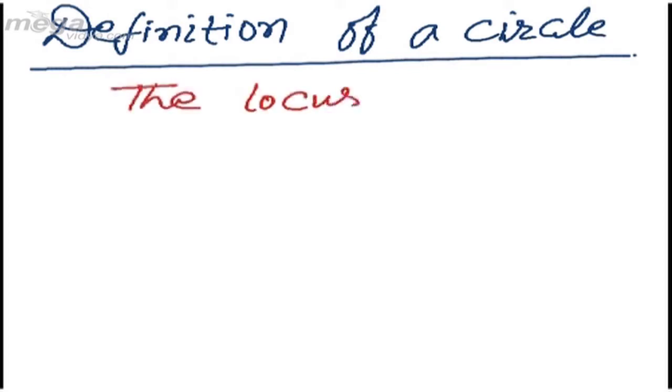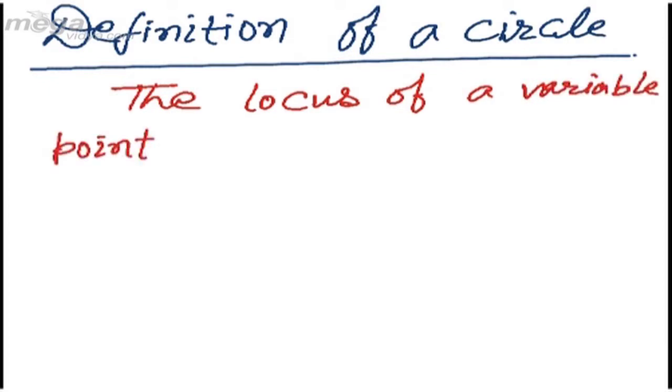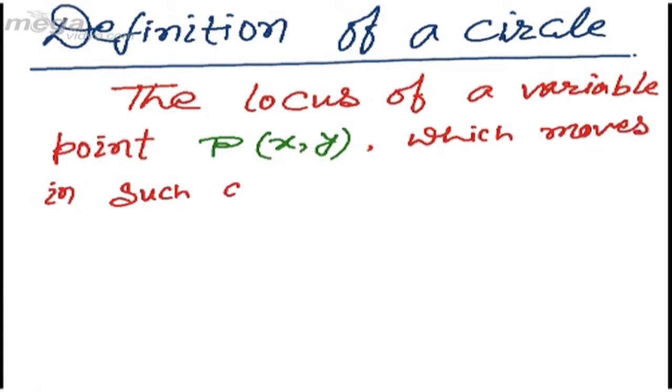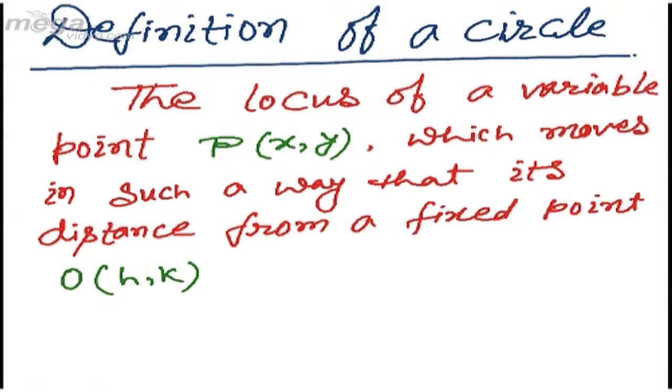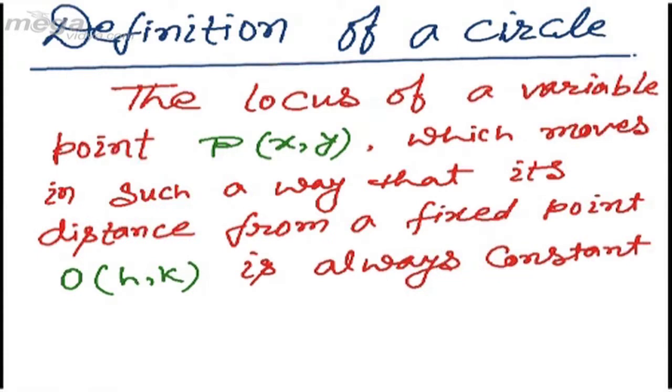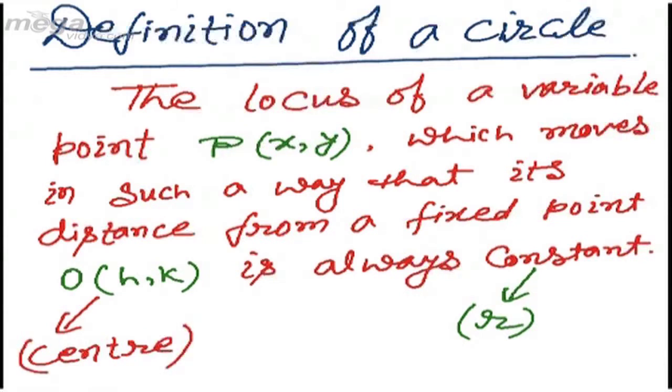It is the locus of a variable point, suppose it is P(x, y), which moves in such a way that its distance from a fixed point, suppose it is (h, k), is always constant, and suppose that constant is R. Here this fixed point is called the center.